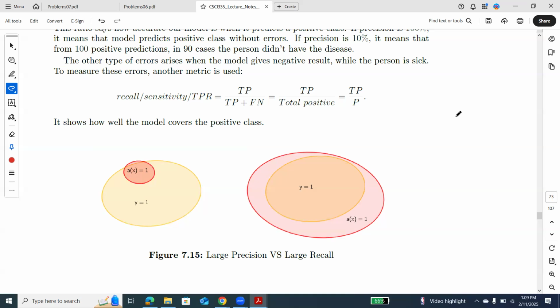So if we maximize precision, well, still, our model will choose people that actually will return the credit, but still it allows some errors.